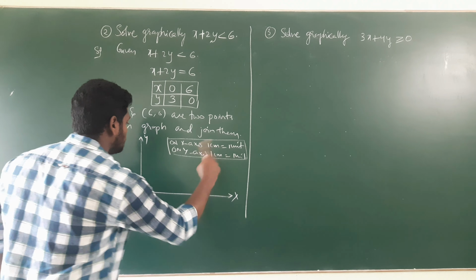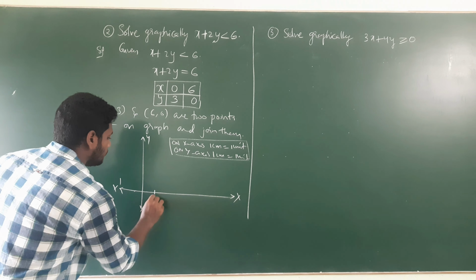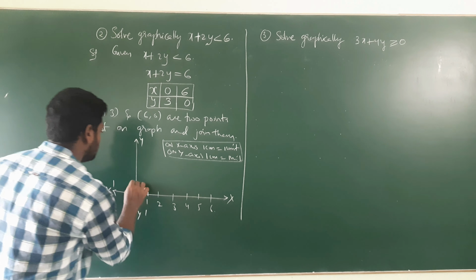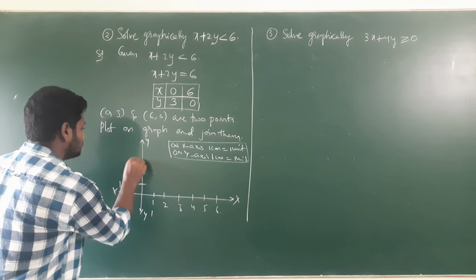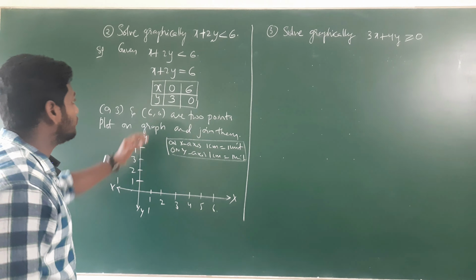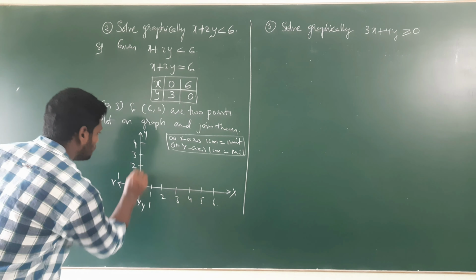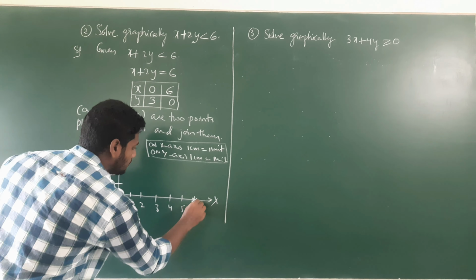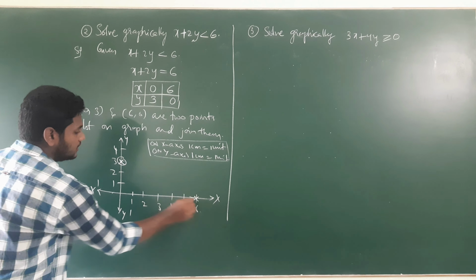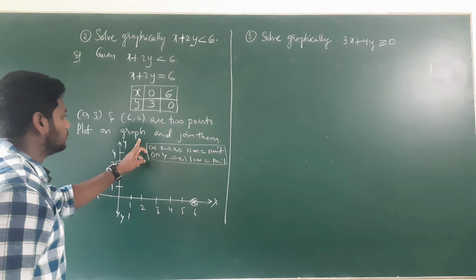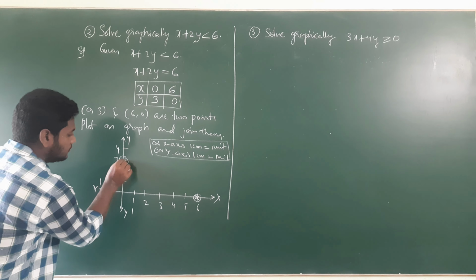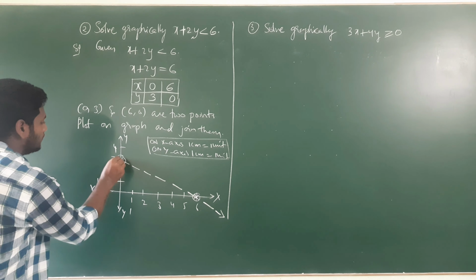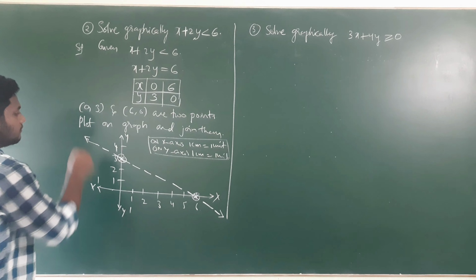As 1 centimeter equals 1 unit, this is 1, 2, 3, 4, 5, 6, and this is 1, 2, 3, 4. Now our points: 0, 3 and 6, 0. Plot the points on the graph and join them using a dotted line. Why a dotted line?